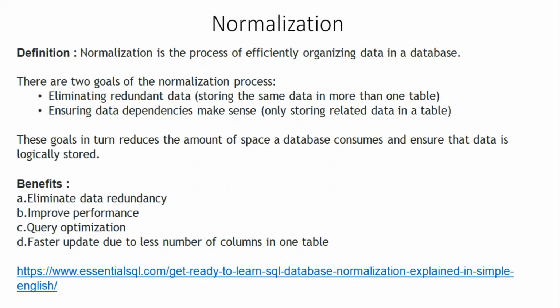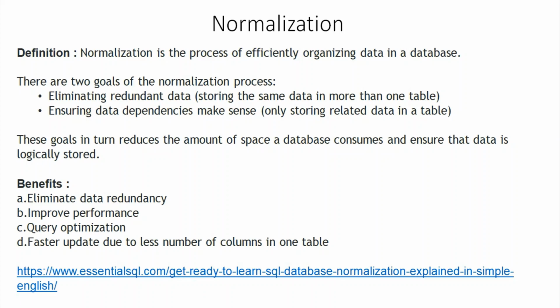And what happens after normalization? Normalization helps you to reduce the amount of space in the database and also ensures that the data stored inside these tables is logically organized.